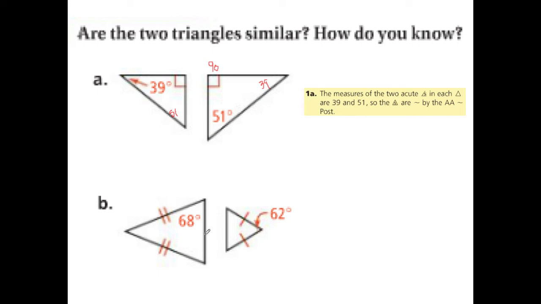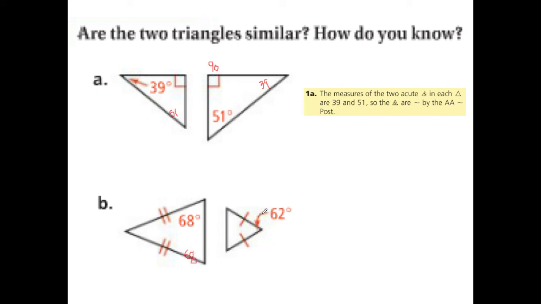So those were similar. For question B, I see two isosceles triangles. What we know about isosceles triangles is that two sides are the same and their base angles are the same. So if this is 68 degrees, then this angle over here is 68 degrees.